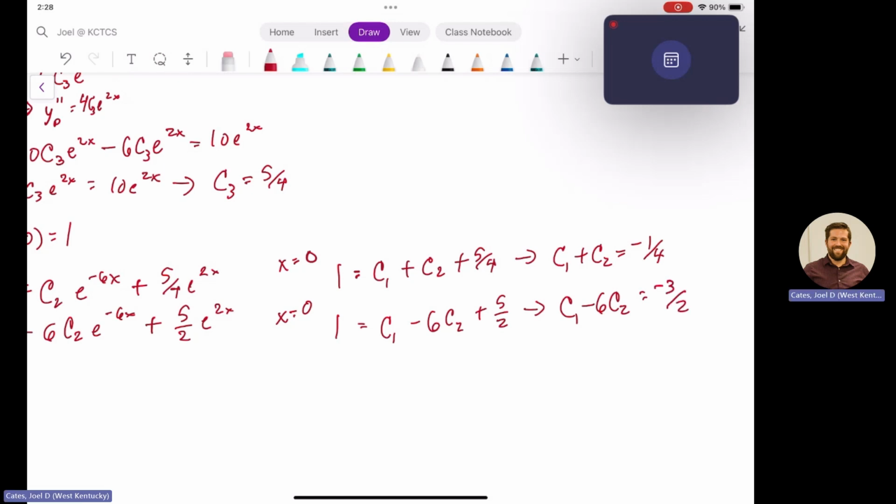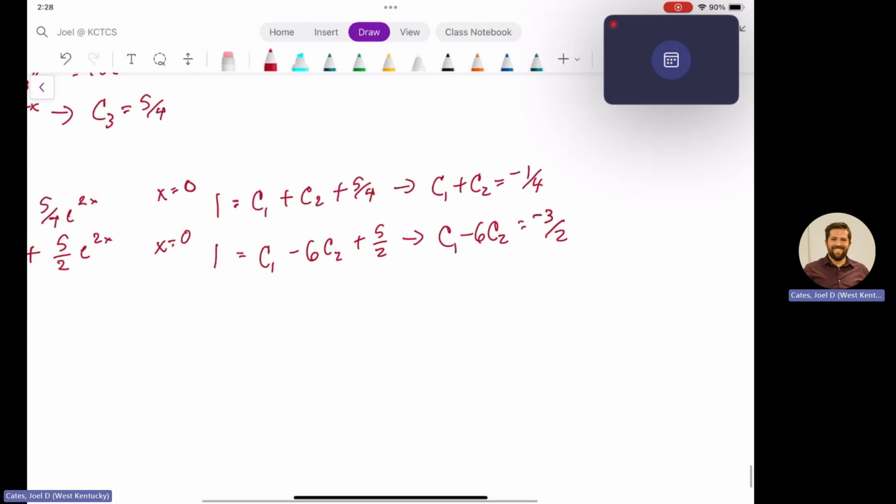Now, let's subtract these two equations from each other. I end up with 7 c sub 2 is equal to, well, 1/4 plus 3/2 is going to leave me with 5/4. So c sub 2 is going to be a weird number. It's 5/28.